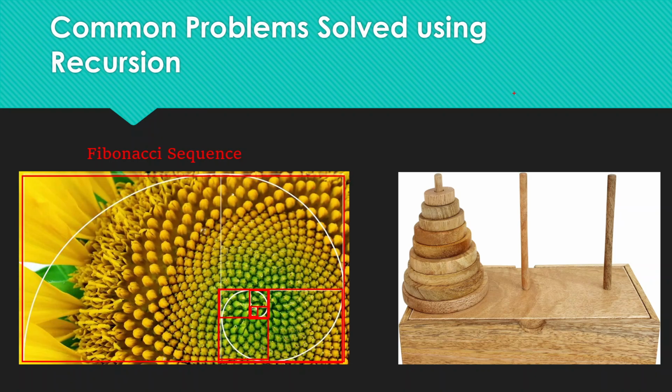Then, of course, the next one here is called the Tower of Hanoi. It's a very interesting game which I didn't know about. It actually has 3 towers, and this one is the destination tower.